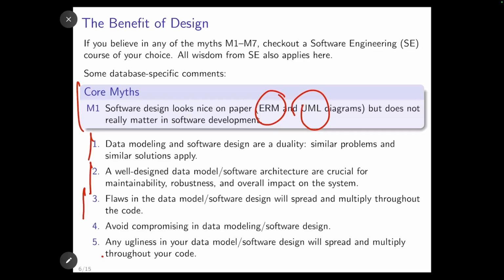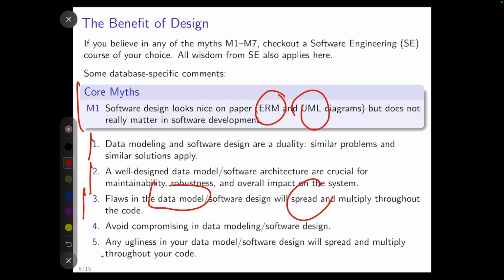There are tricks in database systems like views you can use for that. But in general, you will see that if you do something wrong in the data model, that will spread throughout the application. And the same happens if there's a missing abstraction in your software design. You will also see that in other parts of the software that will spread. Yeah? And it's very hard to get rid of that.